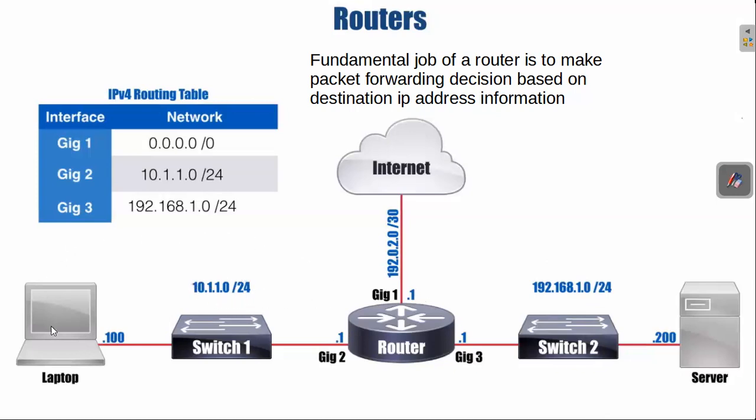To communicate between different networks, we must have a router in between. The router will forward the packet from this network to the other network. So we need a source IP address and the destination IP address to forward the packet.